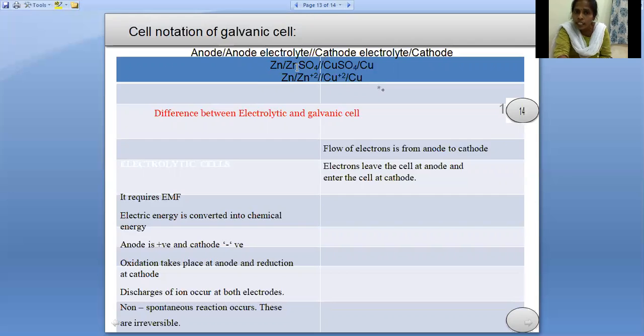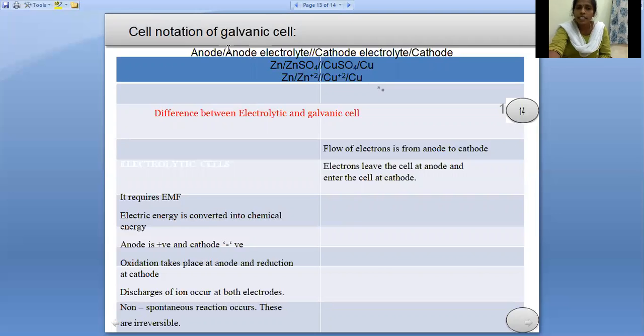So ZnSO4 can also be written as Zn²⁺, and CuSO4 as Cu²⁺. As I already said, if there is a charge, that is the electrolyte. If there is no charge, that is solid, the electrode. So this is the cell notation of the galvanic cell.